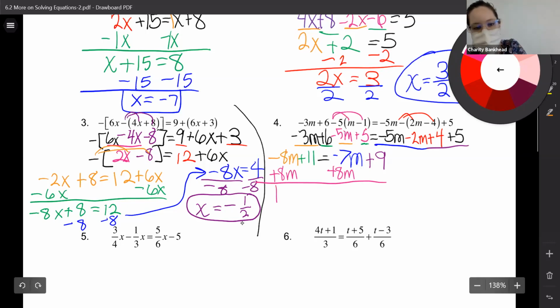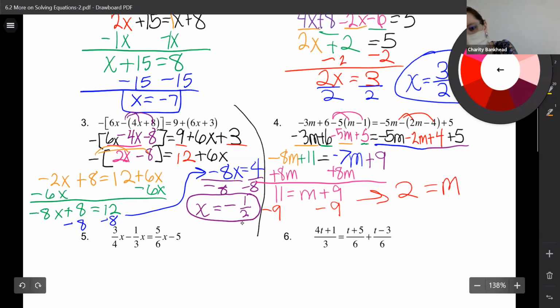So that would make it 11 equals, and then -7m plus 8m, that's just going to be positive 1m. So just m plus 9. Okay, and then finally, I just need to subtract 9 from both sides. So 11 minus 9 is 2. So 2 equals m.